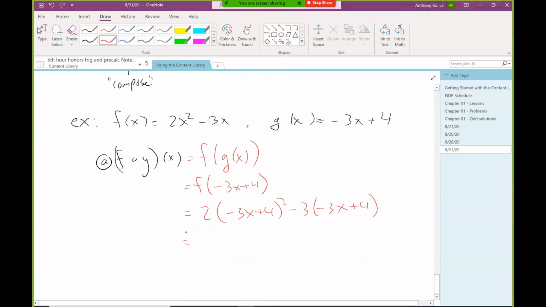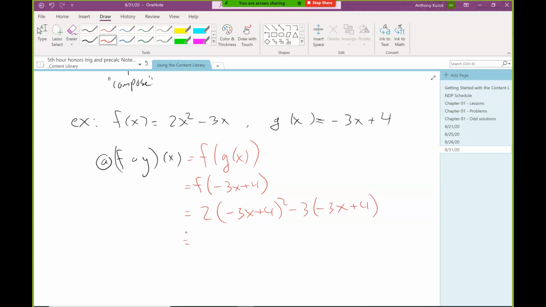According to the order of operations, the first thing I should do is take care of that exponent there. So if I want to do negative 3x plus 4 squared, that's just going to be like 9x squared plus 16, right? No!